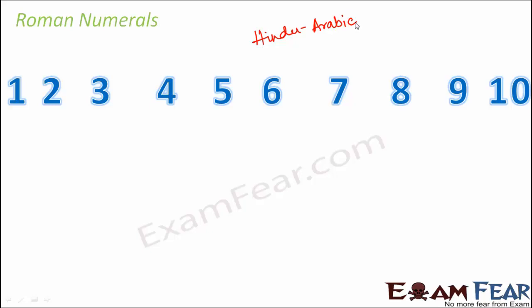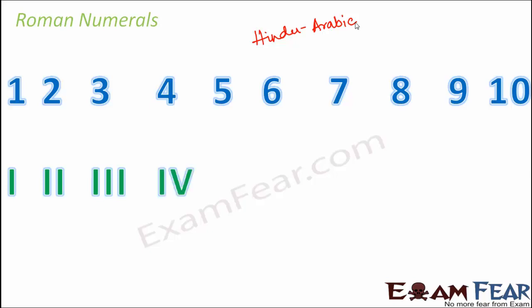Here the numbers are not represented the way we represent them in the Hindu-Arabic system. Instead, the numbers are represented by combinations of letters of the Latin alphabet. Like how we have our English alphabet A, B, C, D, similarly the letters from the Latin alphabet were taken and used to represent these numbers.